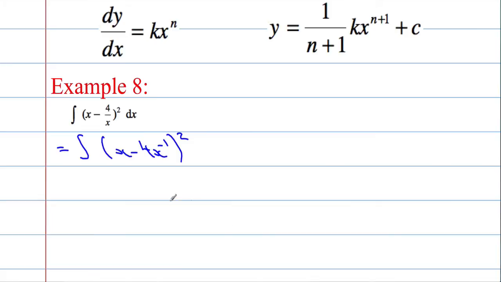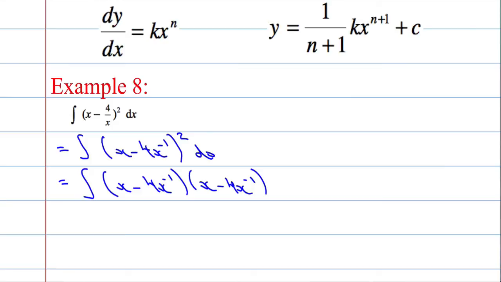squared, which is the same as, and I'm going to draw this out a little bit, make it easy, x minus 4x to the negative 1 times x minus 4x to the negative 1. Don't forget that dx, still out on the outside, equals, and let's expand this out.